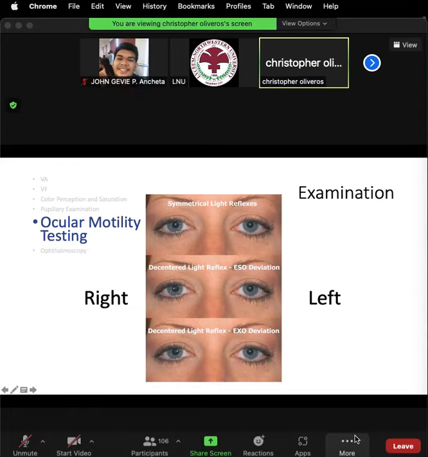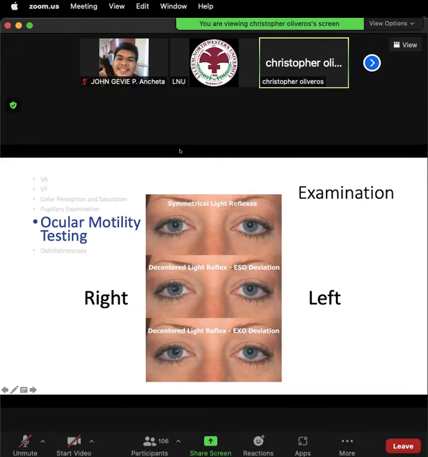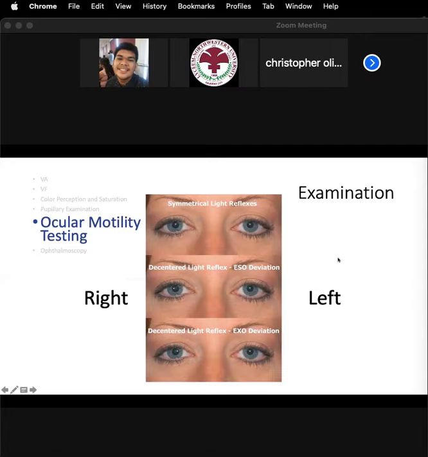How can I see the participants here? So, Miss Aliana Jane Exala, is she present? Yes, po. Okay, so for the second row, the middle picture, how can you say it's isodeviated and which eye is isodeviated?